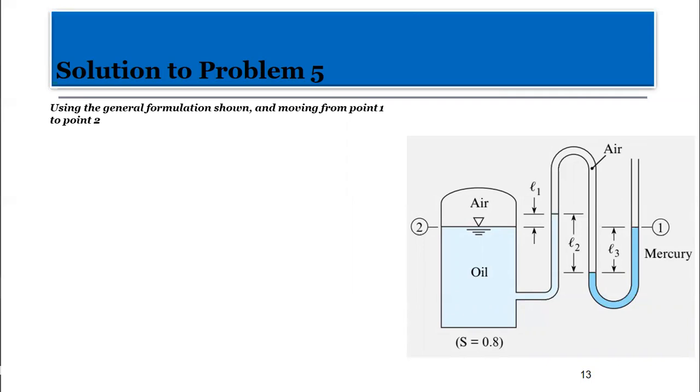If we move from point 1 to point 2, the pressure of interest, P2, is equal to P1, the free end of the tube, plus the summation of the pressure measurement due to downward movement minus the pressure measurement due to upward movement. You can take it the other way around too.